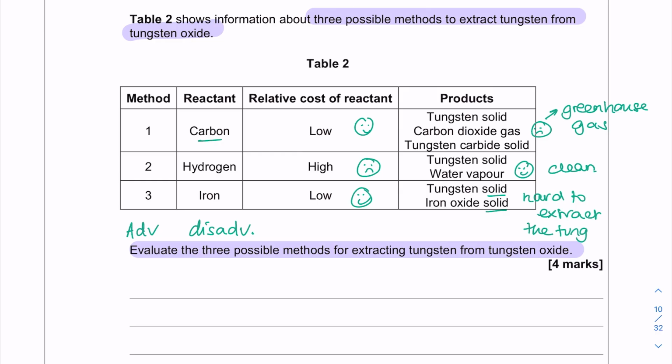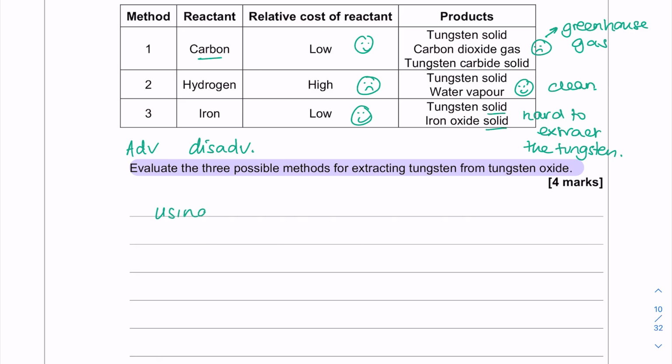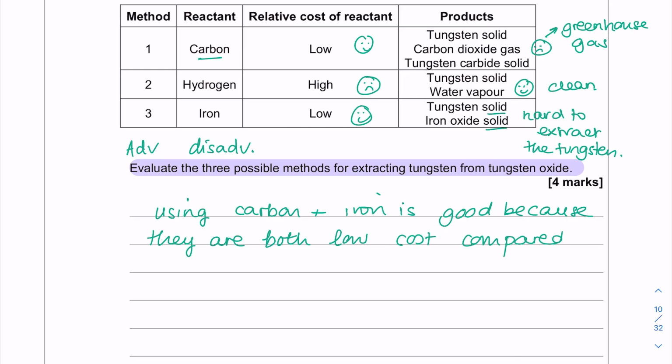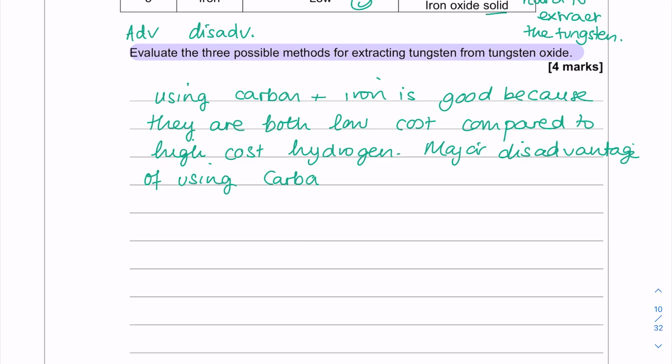So let's form our argument using carbon and iron is good because they are both low cost compared to high cost hydrogen. Major disadvantage of using carbon is the production of carbon dioxide.